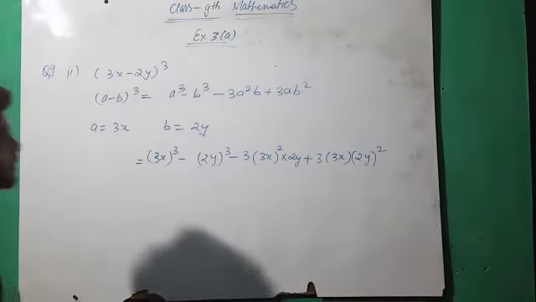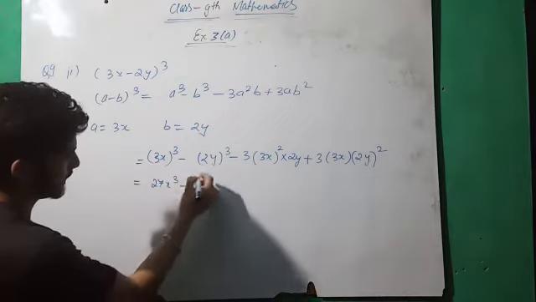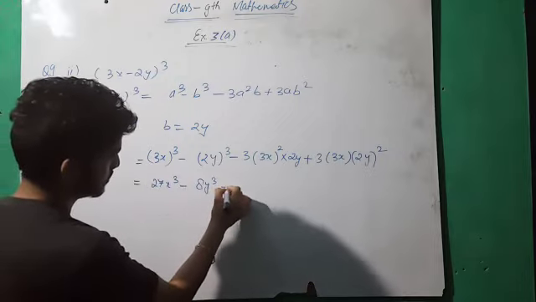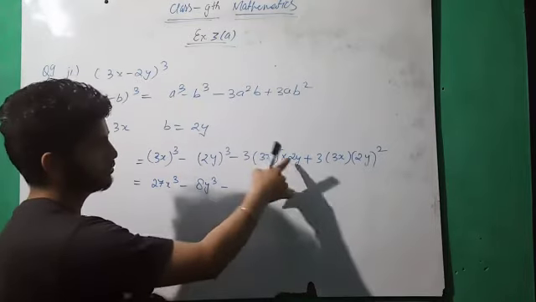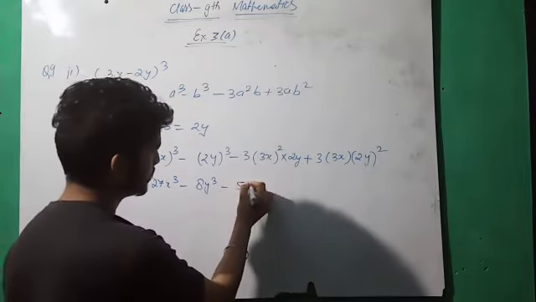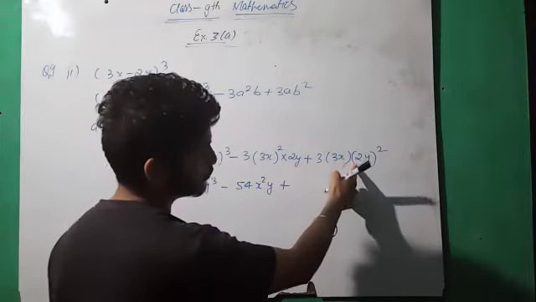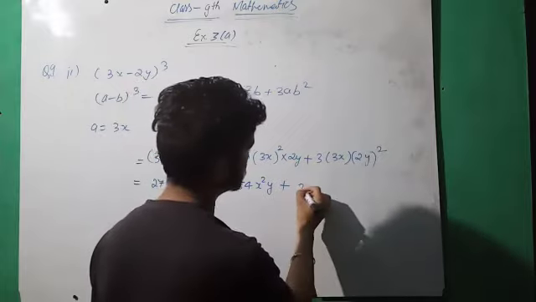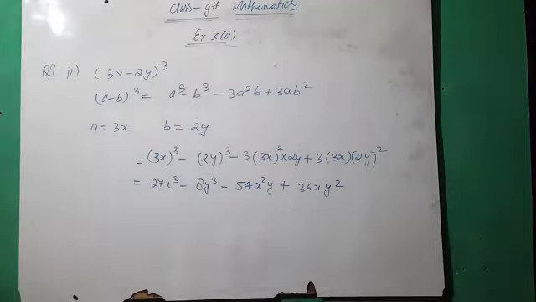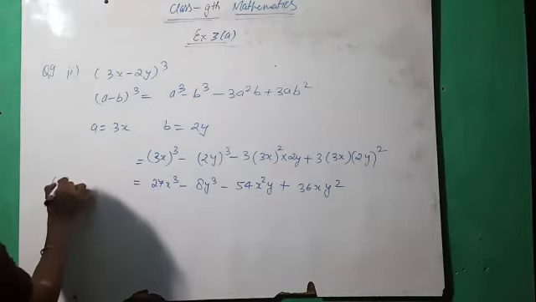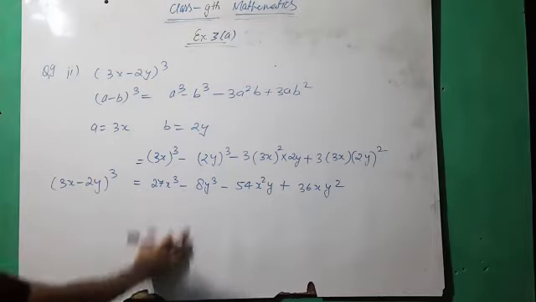So 27x cube minus 8y cube minus 3 into 3 square into 3, 27 into 2, 54x square y, then plus 3 into 3, 9 into 4, 36xy square. So this is the answer of this question. The expansion of 3x minus 2y whole cube is this.